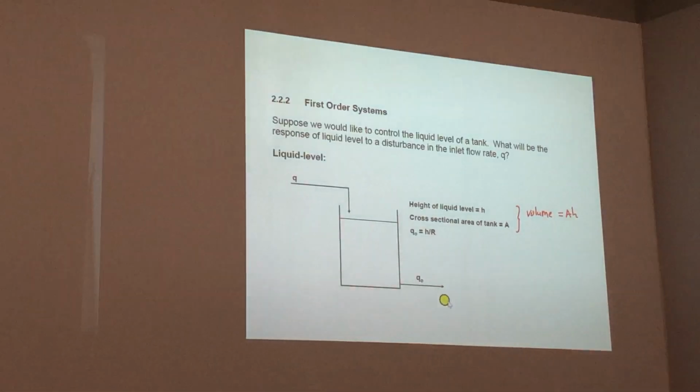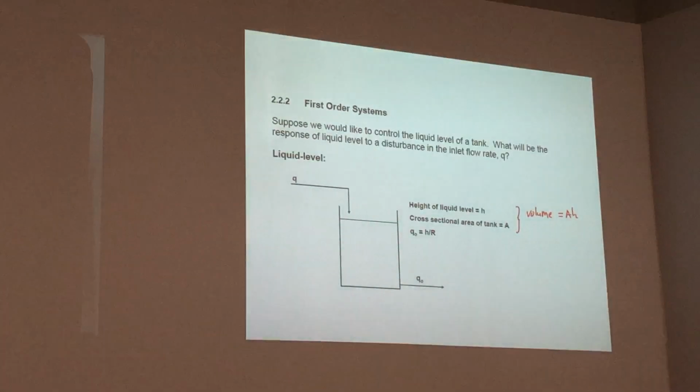We have Q in, Q out equal to this one. So the volume is given by A multiplied by H. So you have the tank level here. A is the cross section, the tank level is H. Let's say I want to develop the transfer function, the first order transfer function.